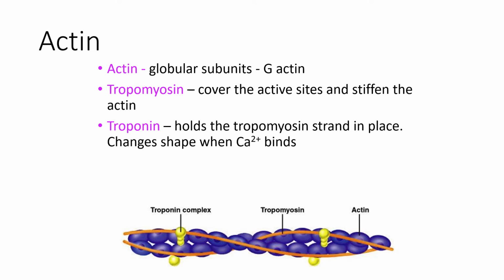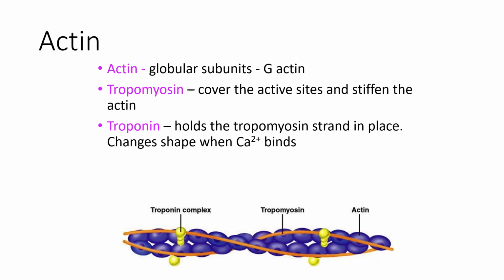Tropomyosin and troponin are regulatory subunits bound to actin. Tropomyosin is the long orange band, and this covers the active myosin binding sites and blocks attachment to prevent myosin from binding and thus preventing contraction.